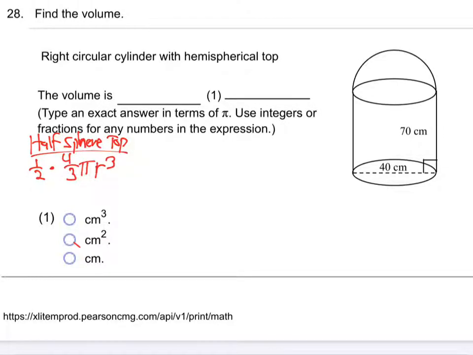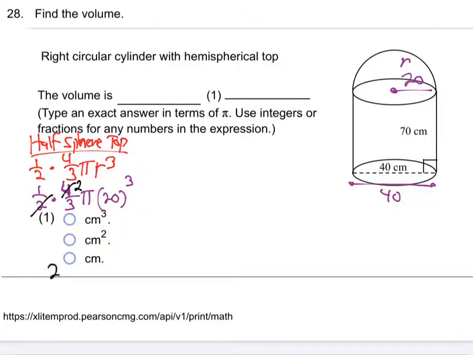So let's work that out. It's a half. We'll start with the top here. 4/3 times pi. What is the radius? The radius is from the middle to the edge. Well, you see how the 40 is going all the way across, so the radius must be 20. So 20 to the 3rd power. Let's cross cancel. 2 goes into 4 2 times.